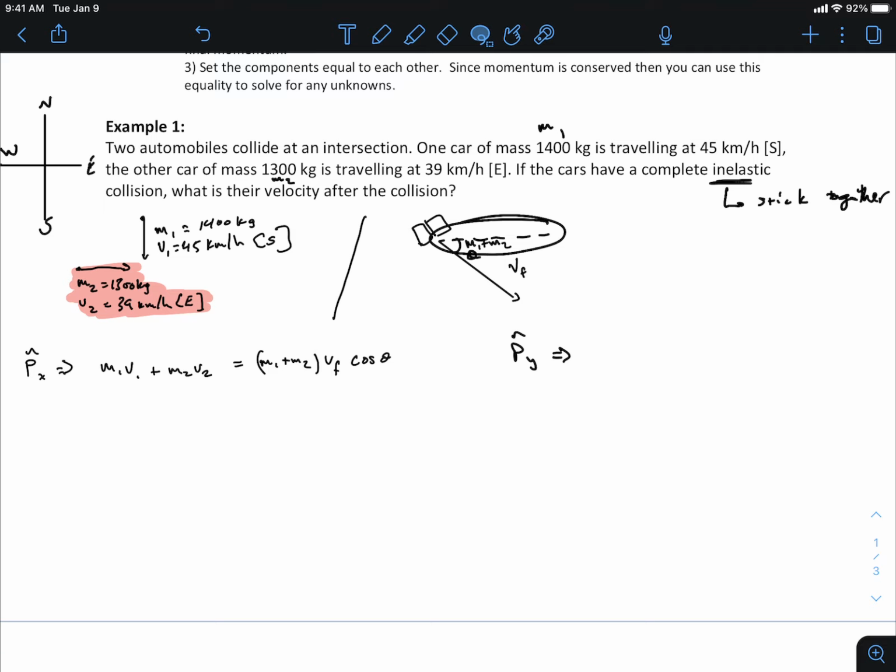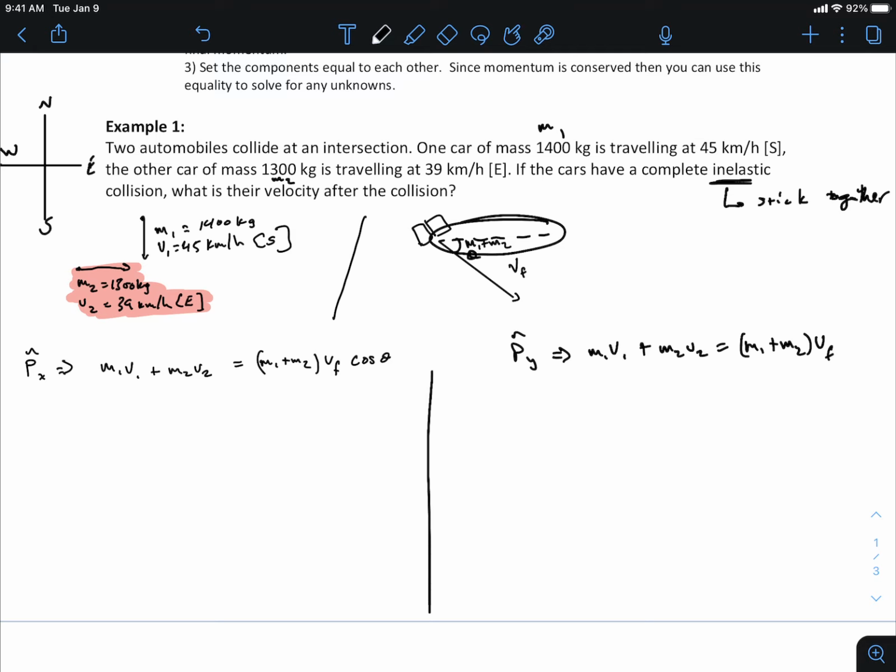So on this side, we'll do all the x stuff, okay? So in the y direction, we're just going to write the same statement, right? m1 v1 plus m2 v2 has to equal m1 plus m2 multiplied by vf, right?